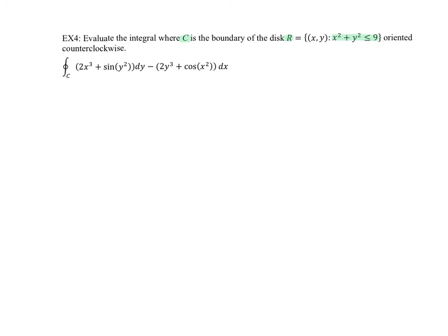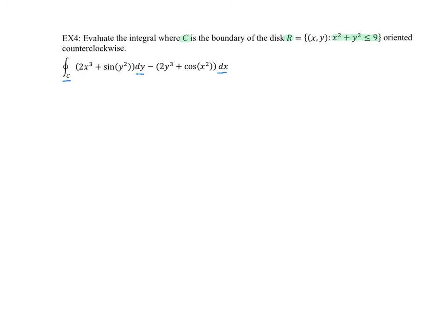So this integral looks hideous, and I don't even know where to start. But the first thing I want to notice with this integral is this is a line integral. It's a single line integral. I see that there's a subtraction. I see a dy and I see a dx.